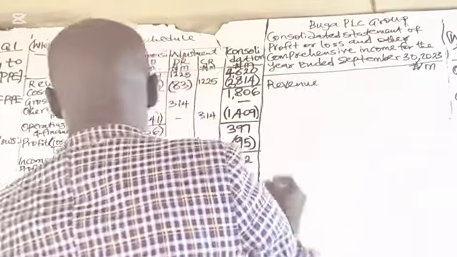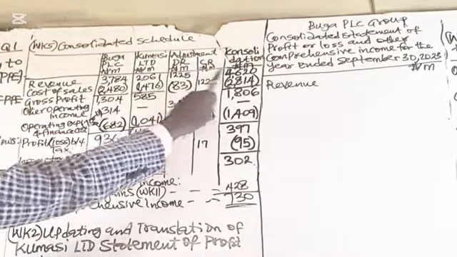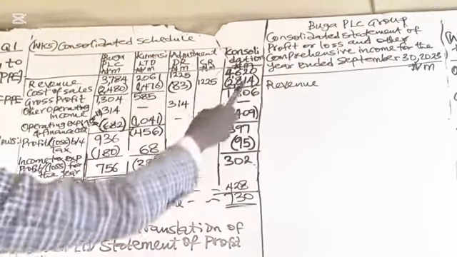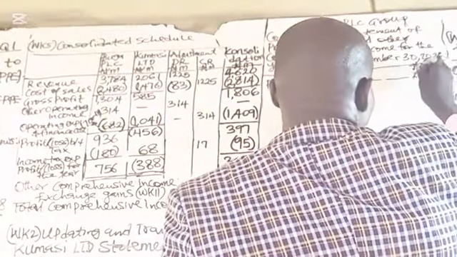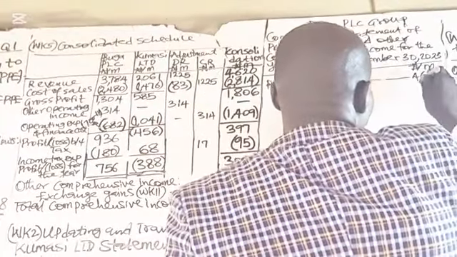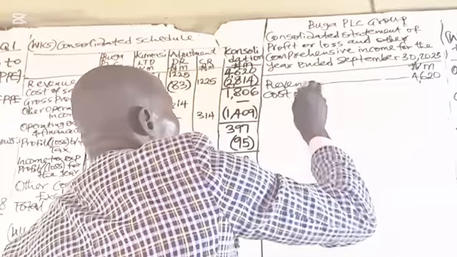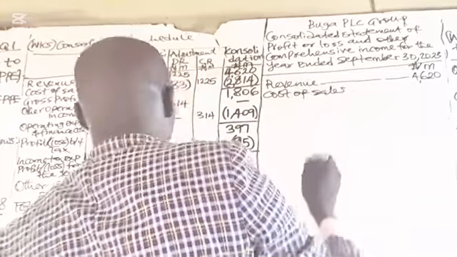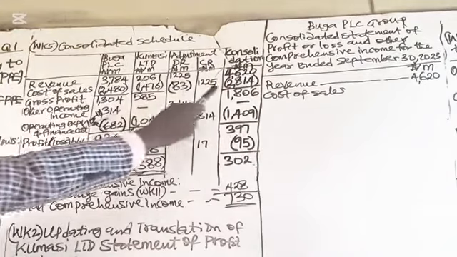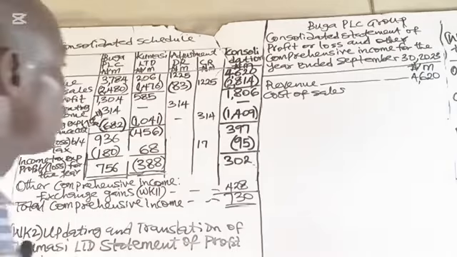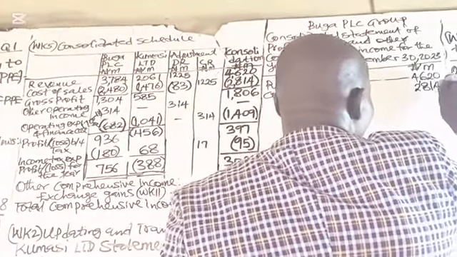We have revenue of 4620. After revenue, we have cost of sales of 2814.